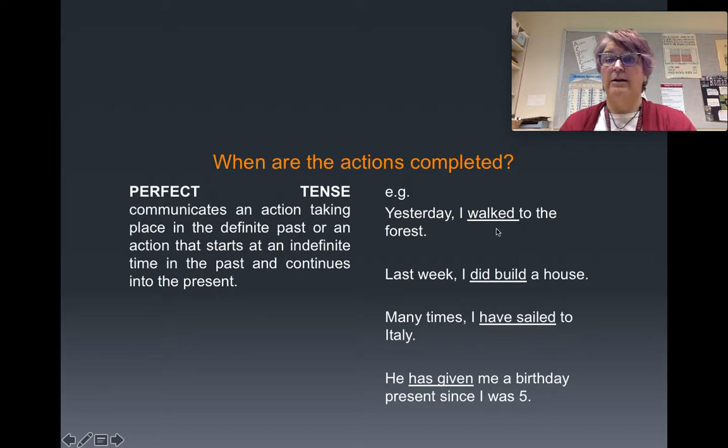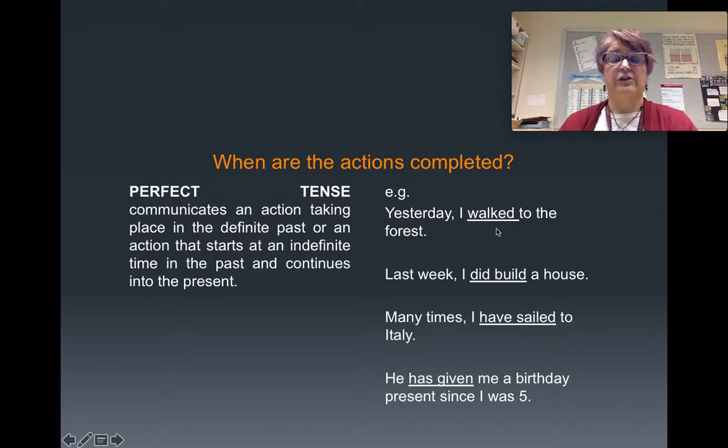The translation of walked is a simple past tense, or you can use the helping verb did with that. Last week I did build a house. Not doing it this week, and I didn't do it the week before, I did it last week. Those are two examples of how the perfect system or perfect tense can be used in English and in Latin.